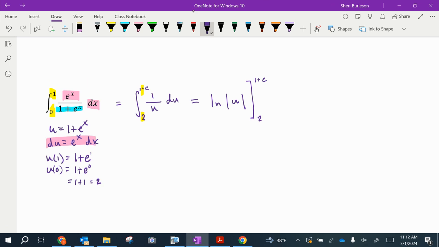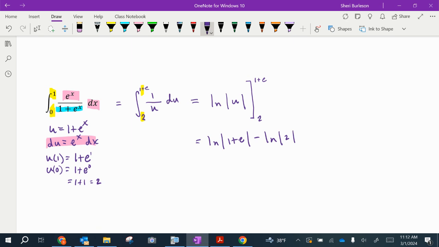So now I go natural log of the absolute value of 1 plus e minus the natural log of the absolute value of 2. E is approximately 2.71. Plus 1 is going to be 3 point something.